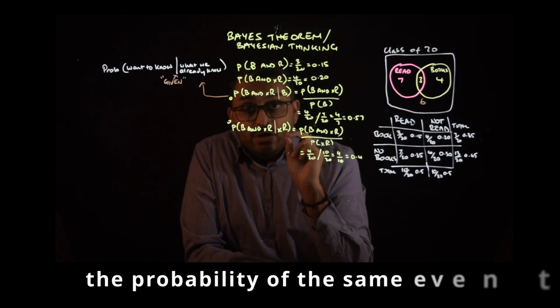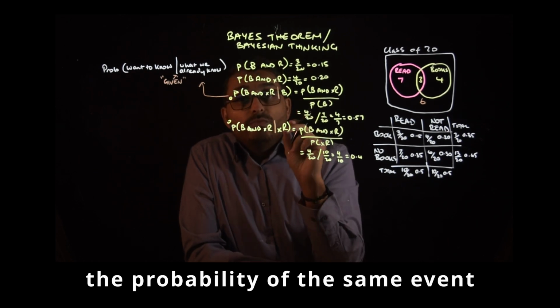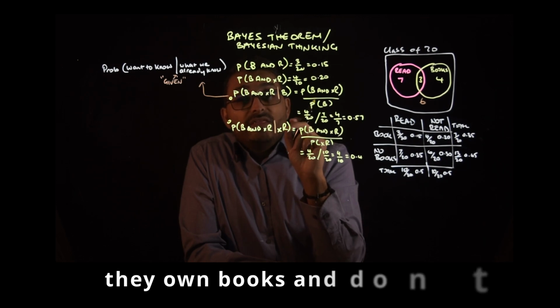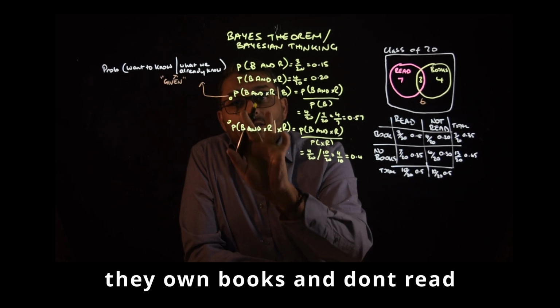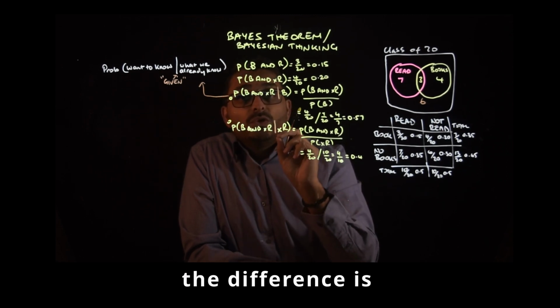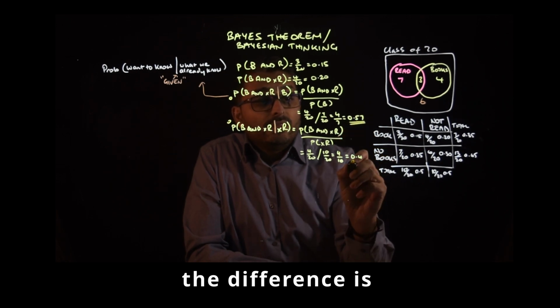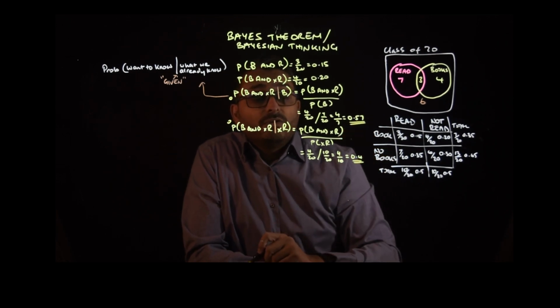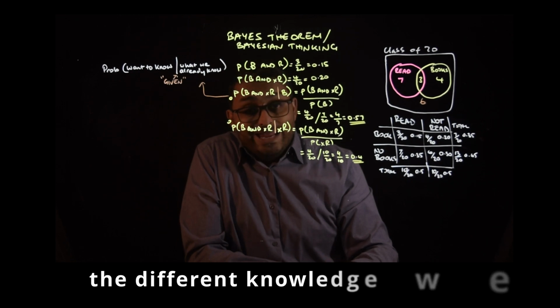So in both cases, even though we want to know the probability of the same event, that they own books but they don't read, which is this portion here, the difference between these two numbers, 0.57 versus 0.4, is due to the different knowledge we have.